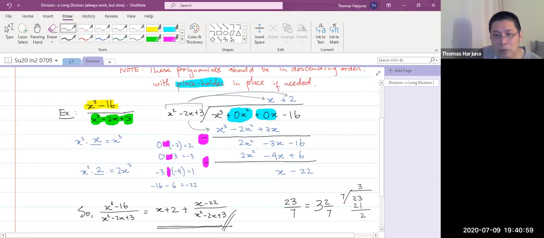The remainder is 2. Therefore, I write that 2 over 7. So that's what it mimics, what we did in converting improper fractions to mixed numbers. And remember, this is subtraction also.